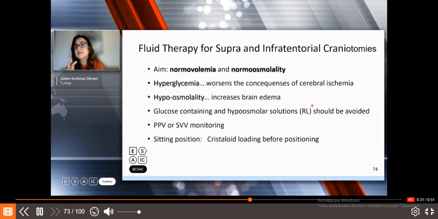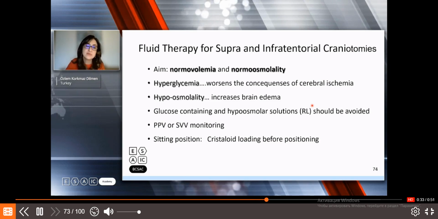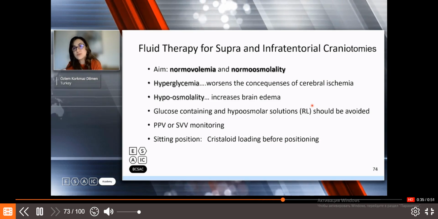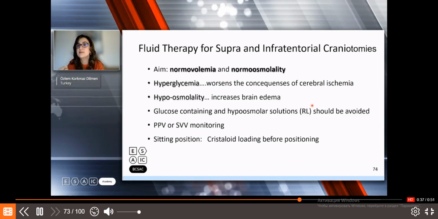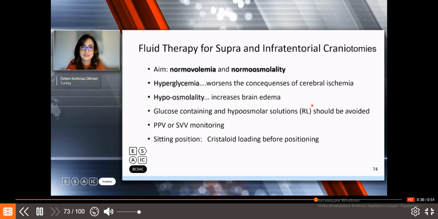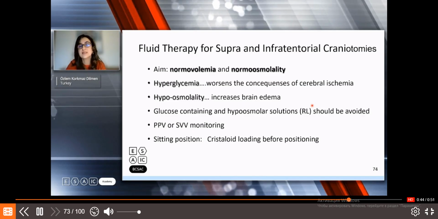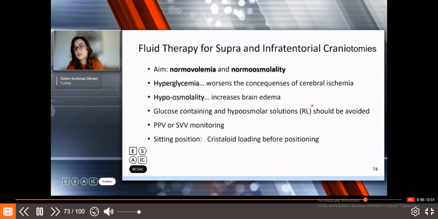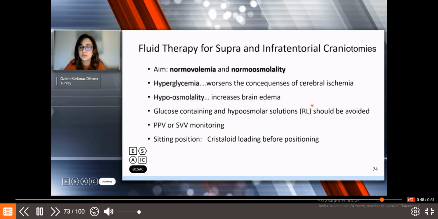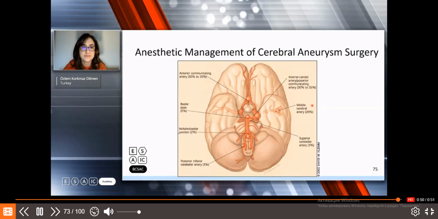To maintain volemia, pulse pressure variation and stroke volume variation monitoring are very useful techniques. And as I told you, we give crystalloid loading before sitting positioning to prevent hypotension.